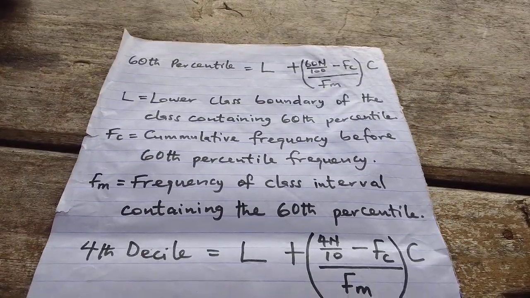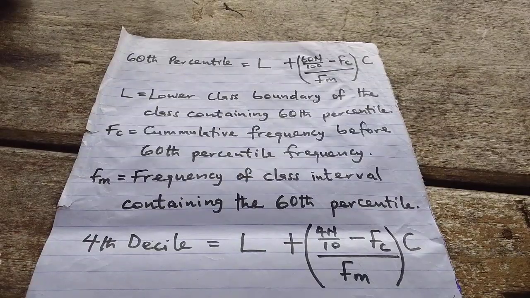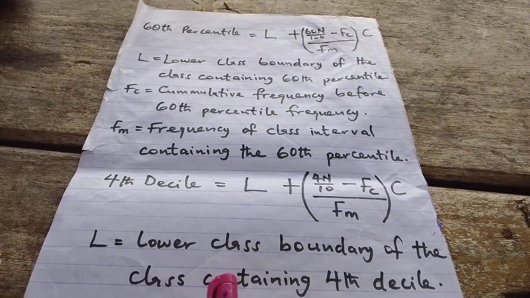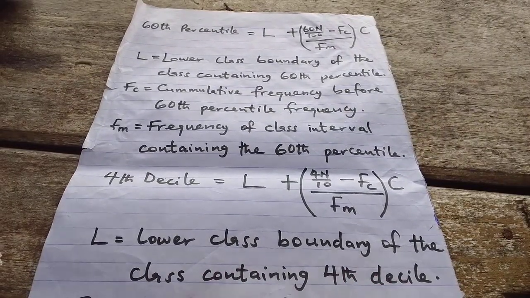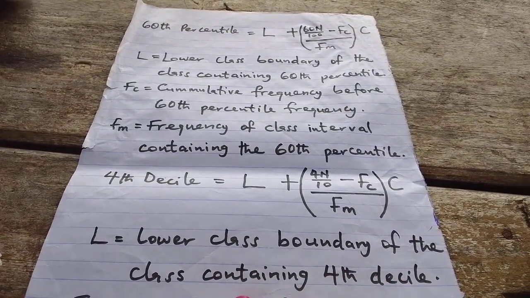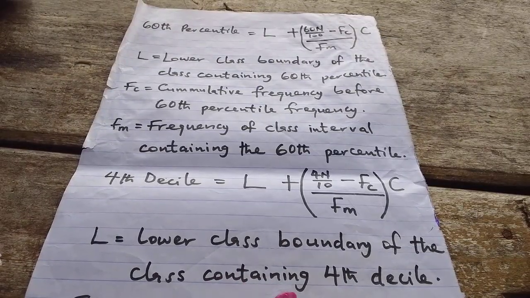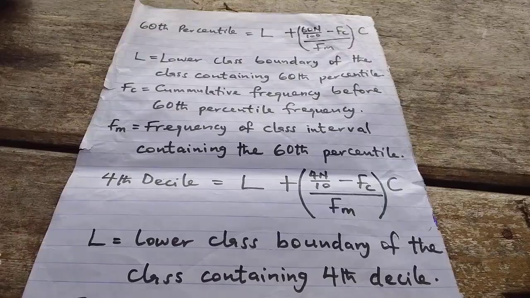If you are looking for the fourth decile, a decile is a division in 10. So it is L plus (4N over 10 minus FC) over FM, times C. Where L represents the lower class boundary of the class containing the fourth decile.